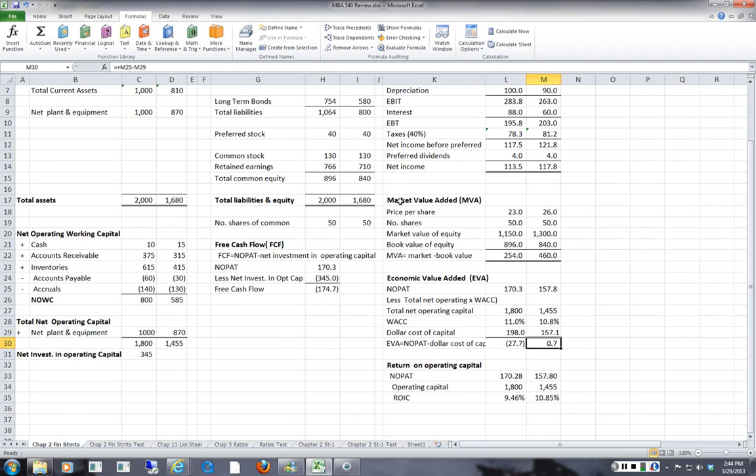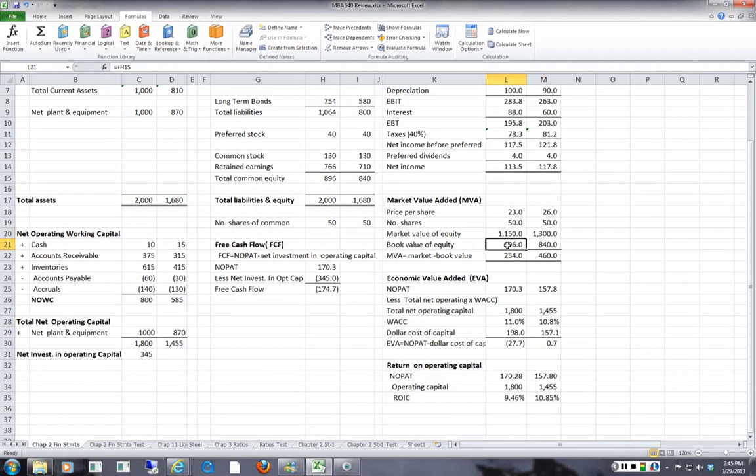Now, the last one we want to talk about is market value added. Market value added takes the price per share, multiplies it by the number of shares, and that comes up with the market value of equity. That's $1,150,000 and $1,300,000 in the preceding year.